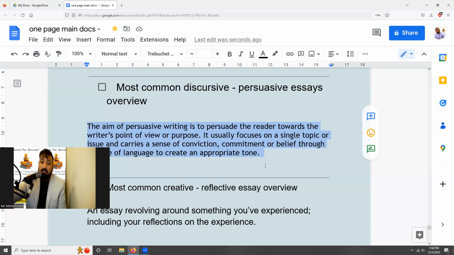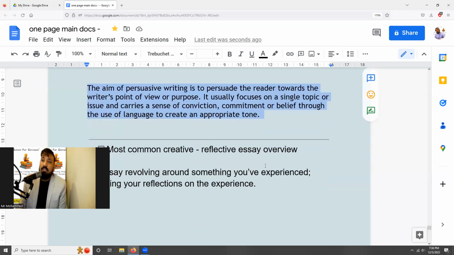So, for example, makeup companies should stop testing their products on animals. That would be an example of a persuasive essay. Or animal testing is bad. That'd be another example of a persuasive essay title. Okay, so that is the first type.